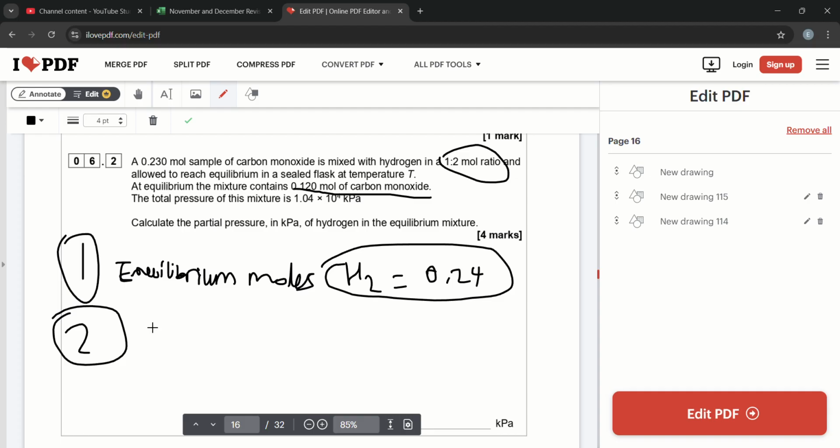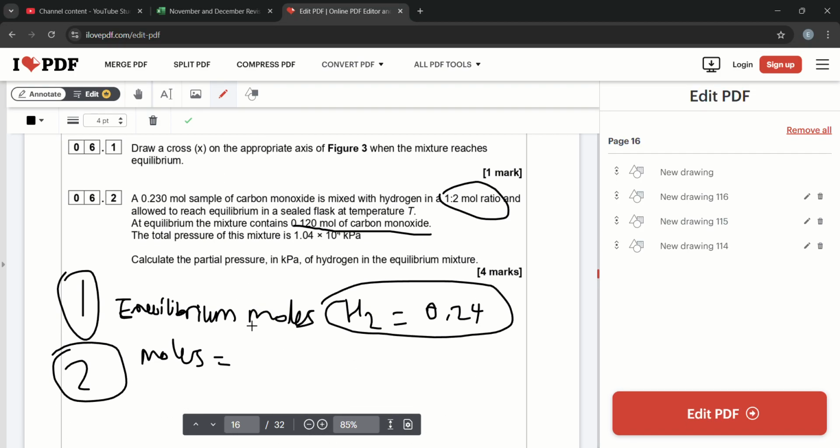Okay, let's do that. So the total number of moles at equilibrium is going to be 0.23 plus 0.24, so the moles is going to be 0.47 total.